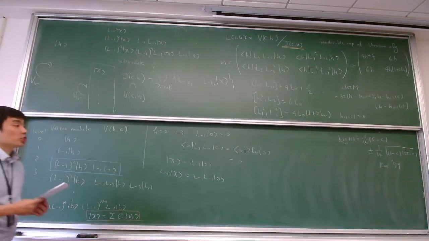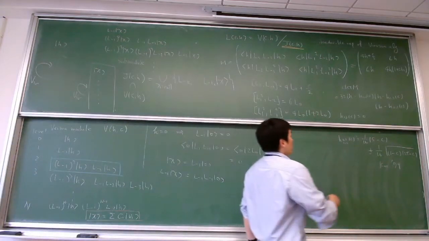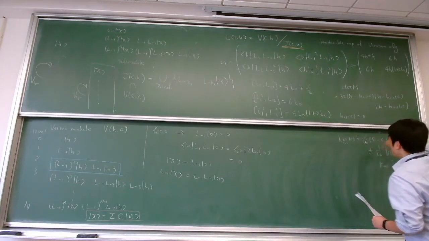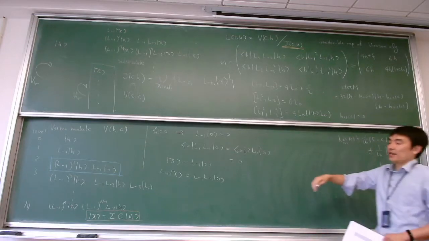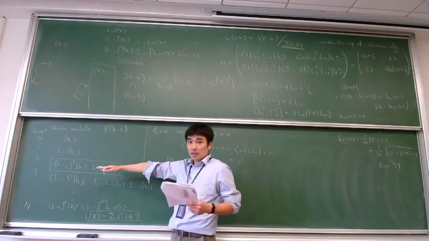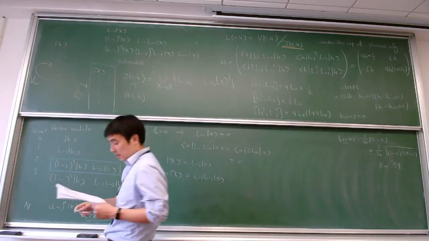When h satisfies this condition, there must be one null state that appears at level 2. So that's what it means.